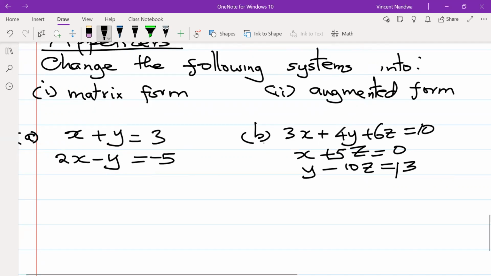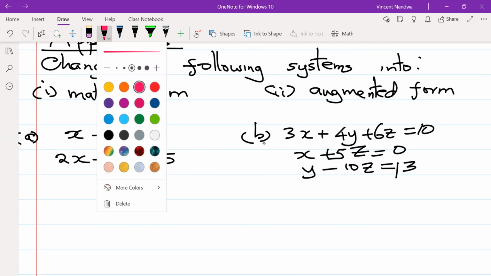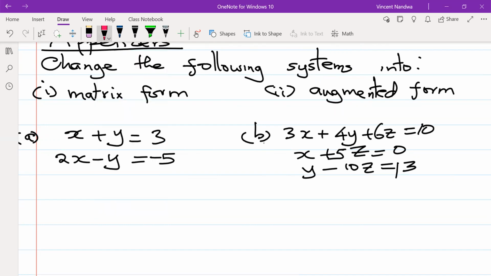So good. The first system involves how many variables? 2, correct, x and y. Likely enough, the first equation starts with x followed by y. Similarly, the second equation starts with x followed by y.